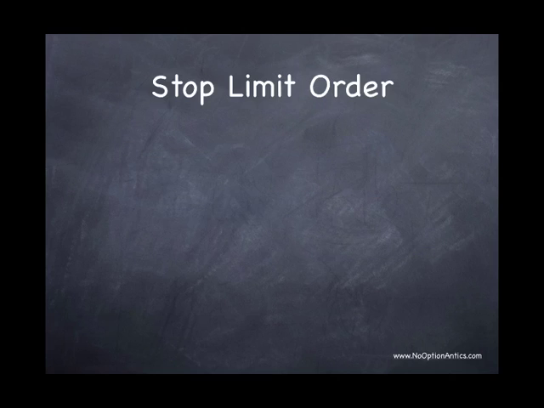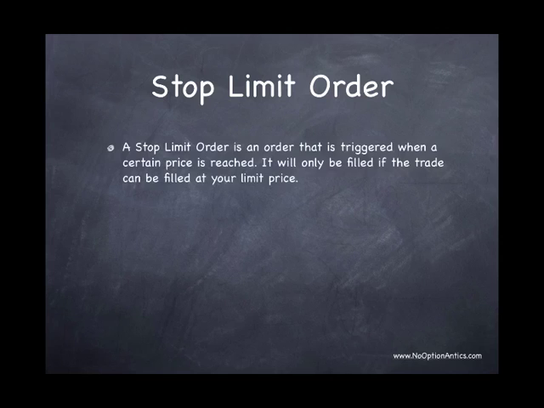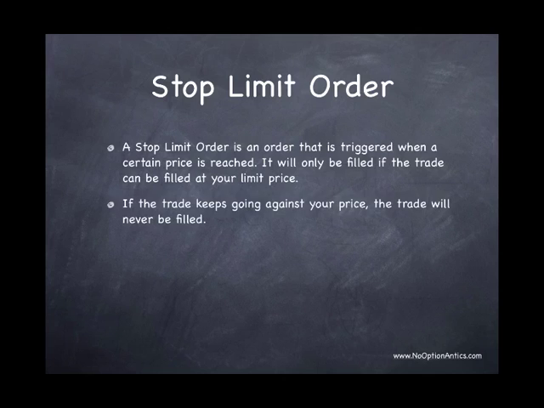The other type of order is something called the stop limit order, which operates just like a stop order, where you're going to try to get out at a particular price. The problem is that if the stock gaps against you, or the option gaps against you, the order will be triggered, but it will not be filled until the trade gets back to the price you want.